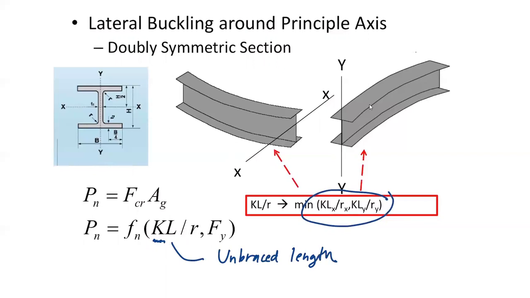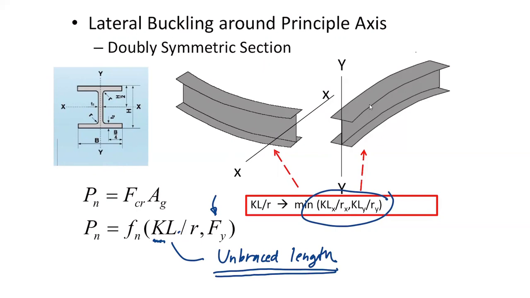So you can now say that the nominal strength of your compression member depends on the strength of the material that you use and on the slenderness ratio of your member, which is the ratio of unbraced length over the radius of gyration, multiplied by K.